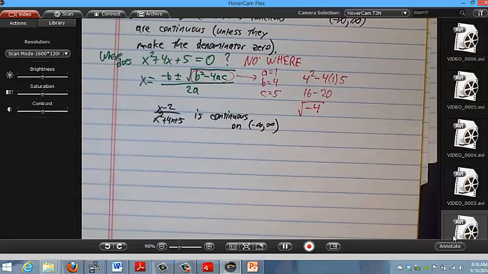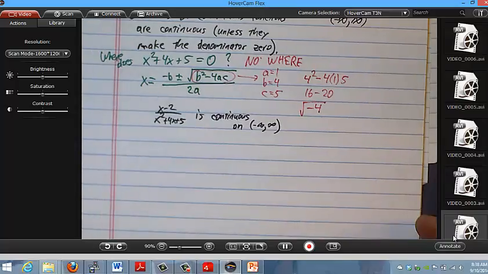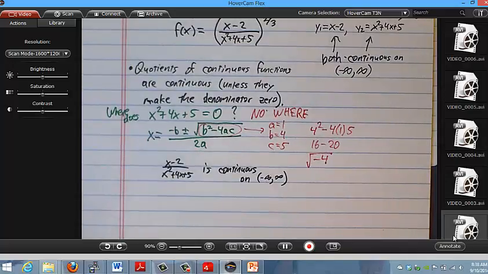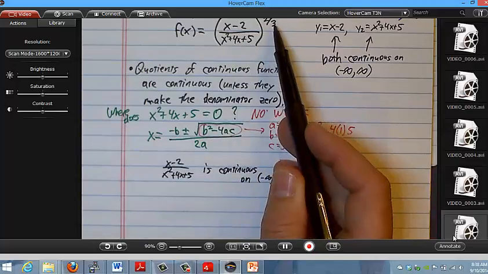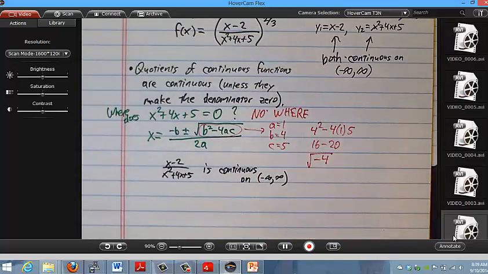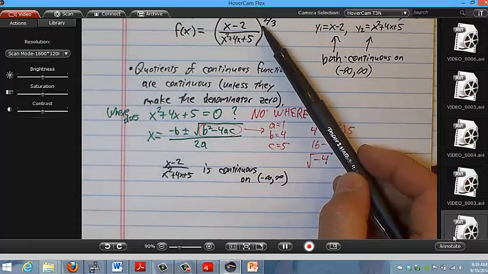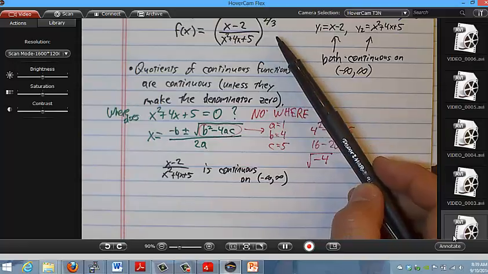And so now the last thing to do is to think about what happens when I raise it to the 2/3 power. Well, if you have a continuous function and you raise it to a power, you get a continuous function as long as it's defined. And by the way, when you have a fraction exponent, I know 2 means power. Do you know what the divided by 3 really means you're doing?